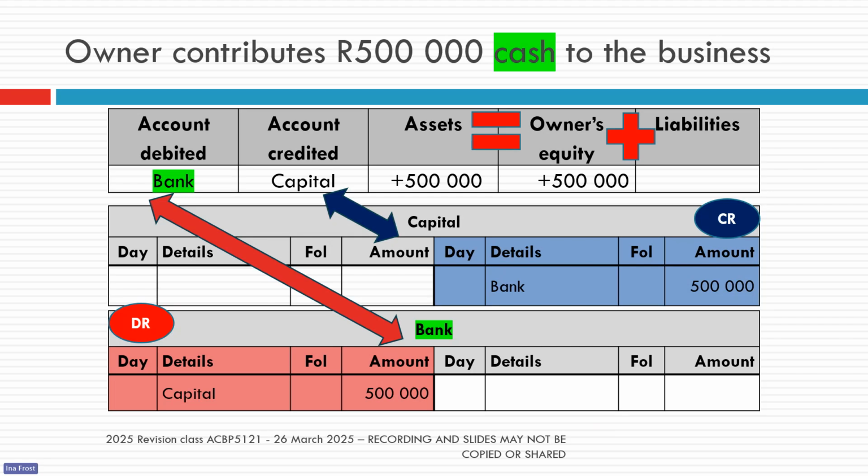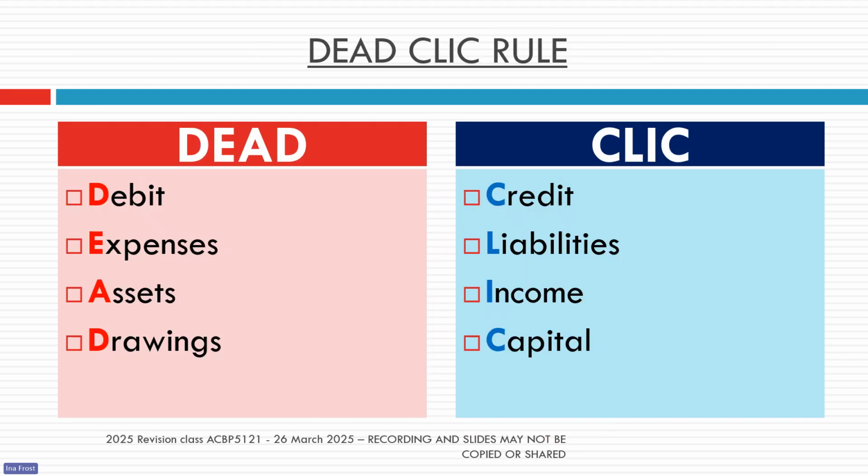Of course, now our next question is, how do I know when must something go on the debit side and when must it go on the credit side? So the easiest way for you to remember that is to make use of this little acronym. And we refer to this little acronym as DEAD CLICK. So DEAD stands for we're going to debit expenses, assets, and drawings.